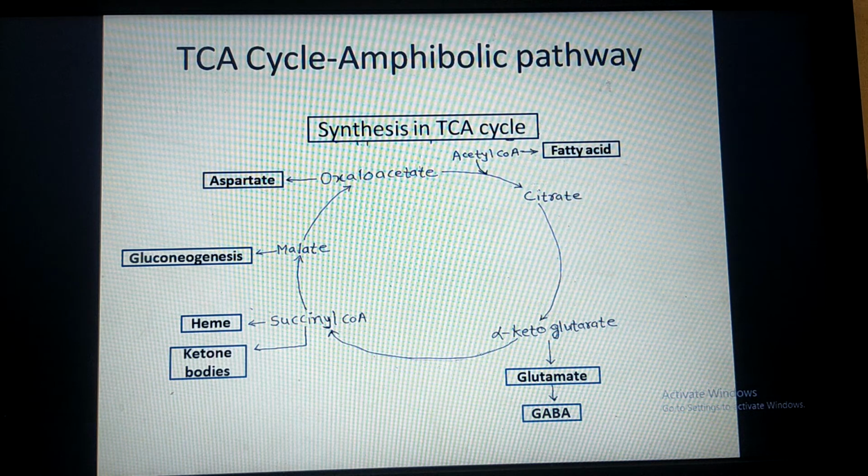Succinyl CoA is also used for synthesis of ketone bodies. Malic acid is used for synthesis of glucose by the gluconeogenesis pathway. Similarly, oxaloacetate on transamination gives aspartic acid. So the intermediates of TCA cycle are used for synthesis of various substances, and this is the anabolic nature of TCA cycle.